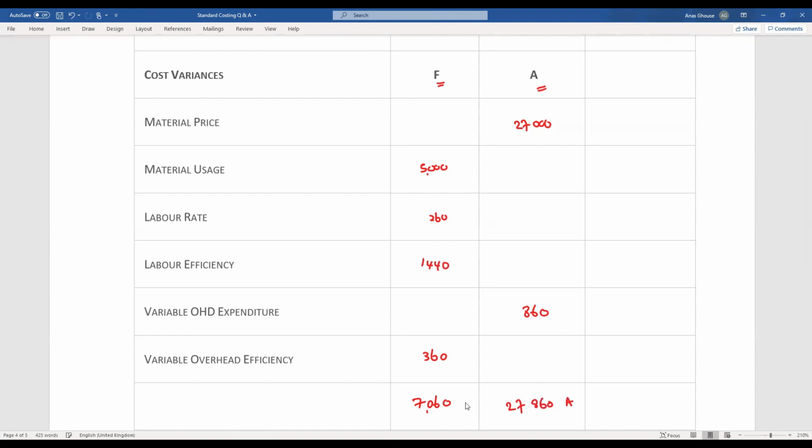So if you take the net, that will be 20,800,000 adverse.